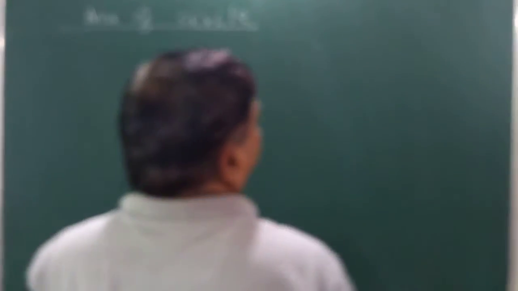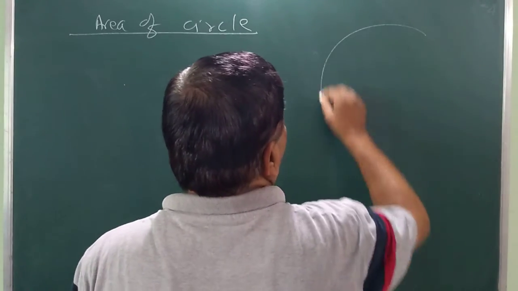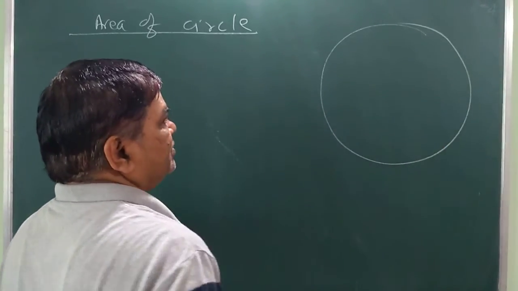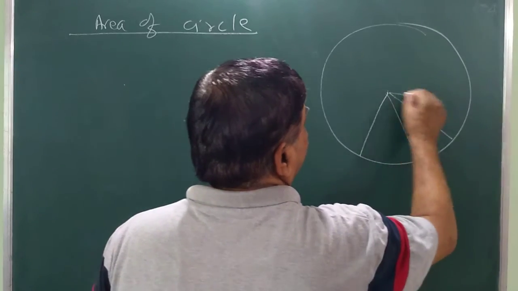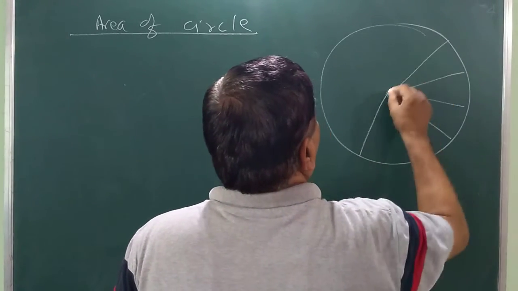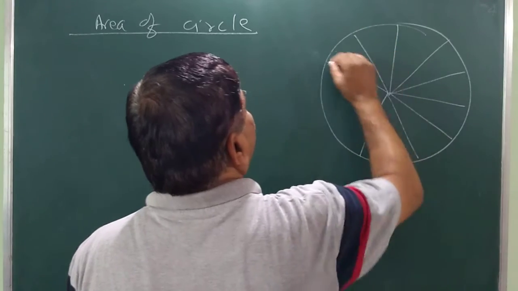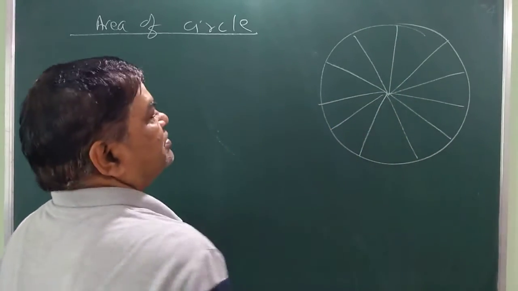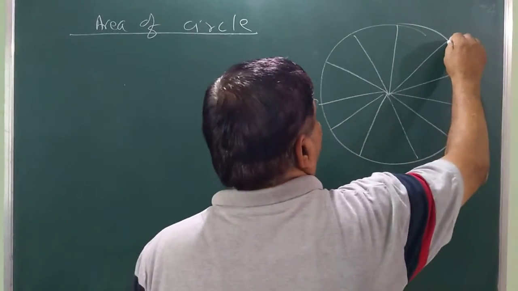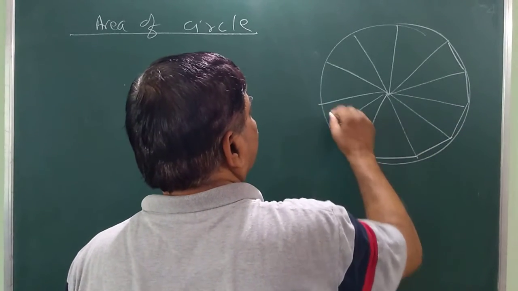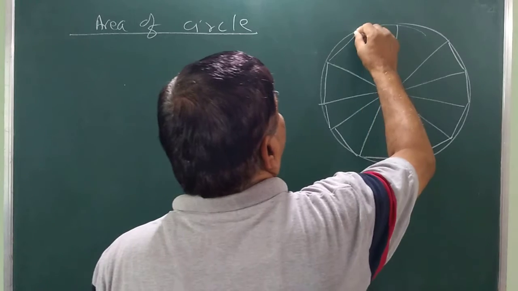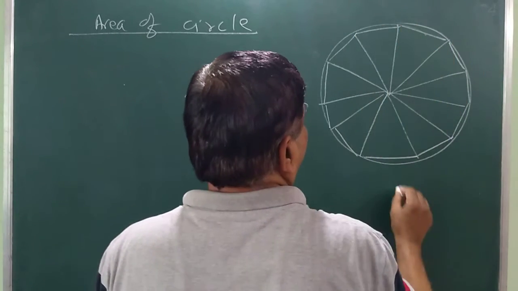Now just you take a circle and you construct this one forming large numbers of sectors, or you may say this is a polygon having n sides.